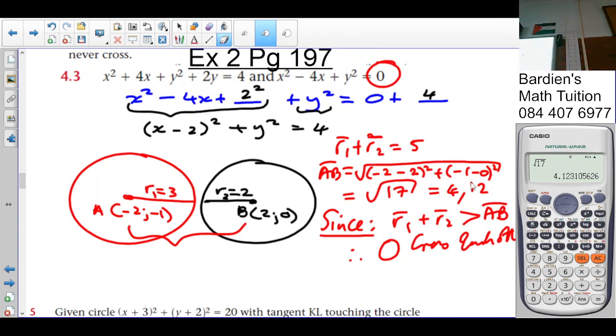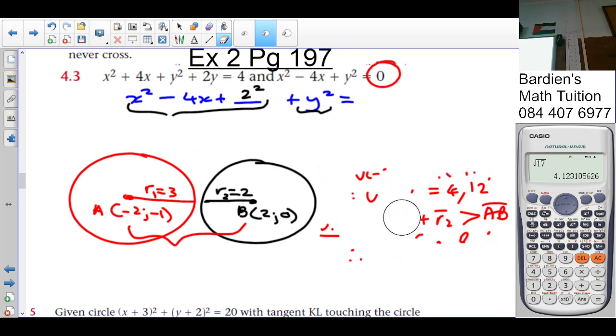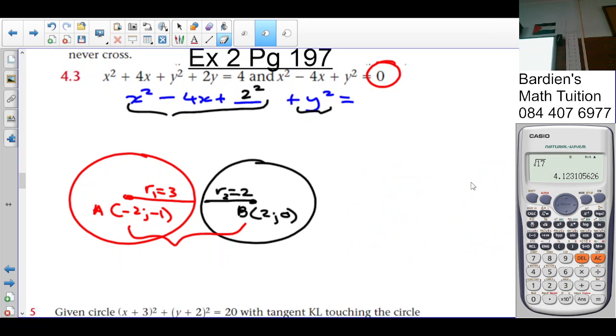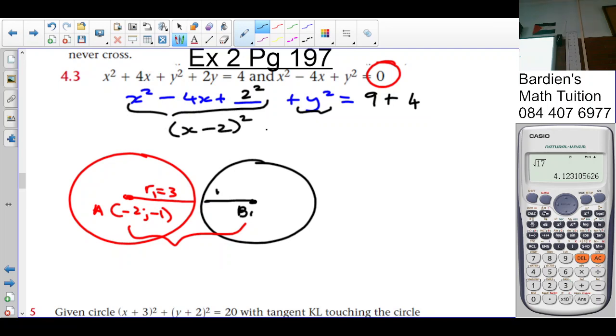If that is 9, then we have the scenario here of (x minus 2) squared plus y squared is equal to 13. So that's going to be the square root of 13 for that radius. Did you guys get the root of 13? Yes.